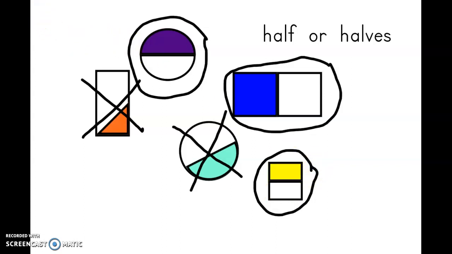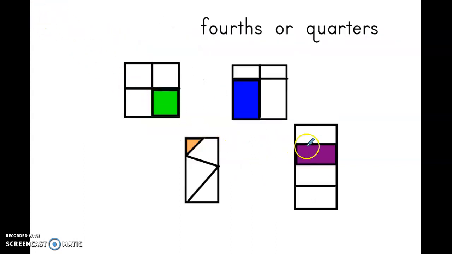Now if we take a look at these shapes, they are all divided into four parts. Some of them are divided into four equal parts, some of them are not. When a shape is divided into four equal parts and we want to describe certain parts of it that are shaded, we can call that a fourth or say that the shape is divided into fourths.